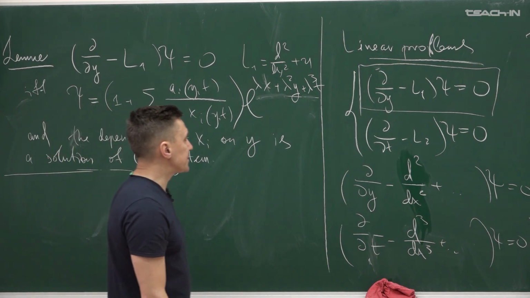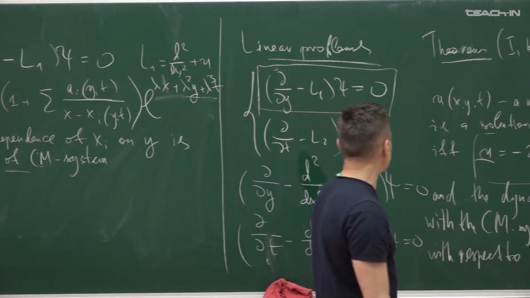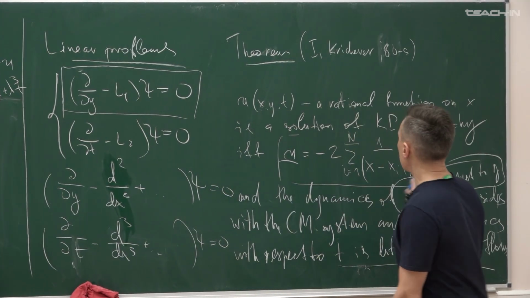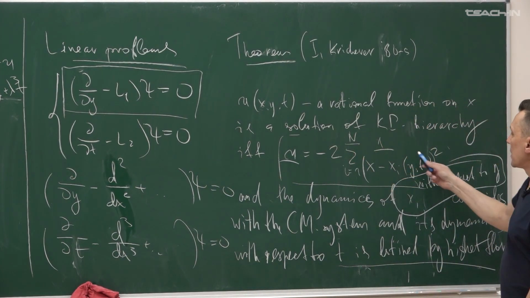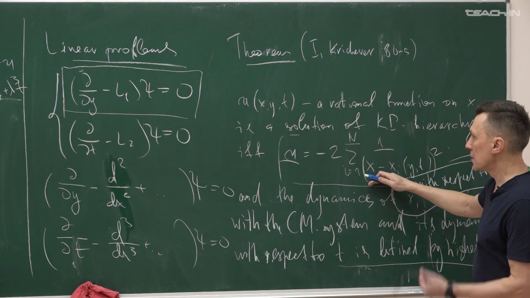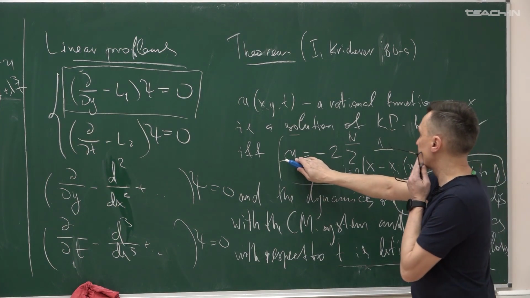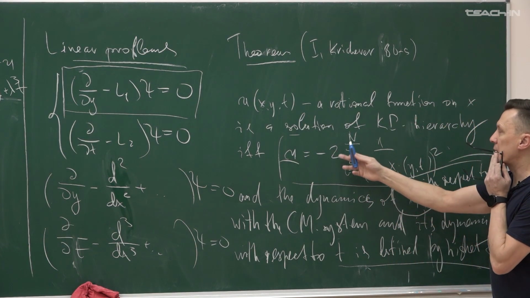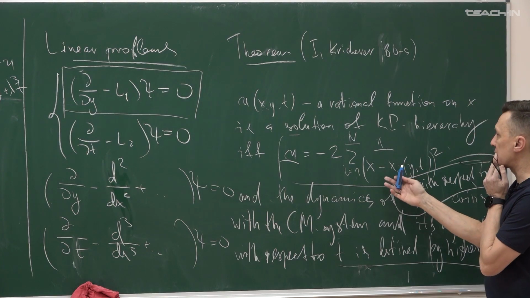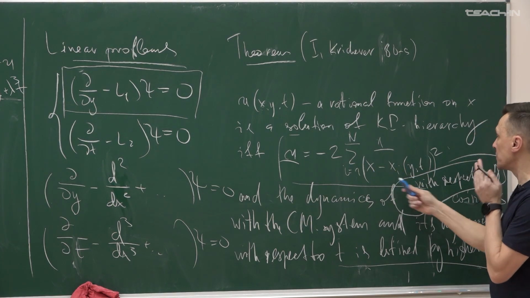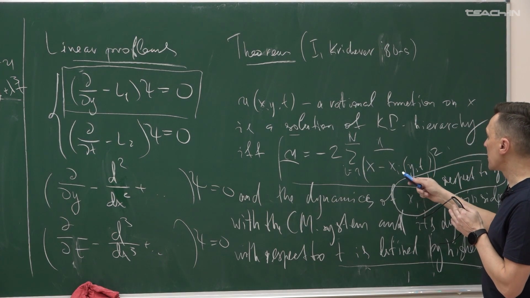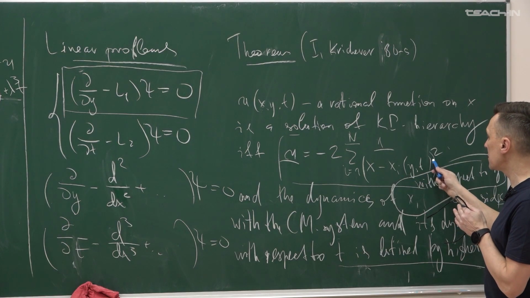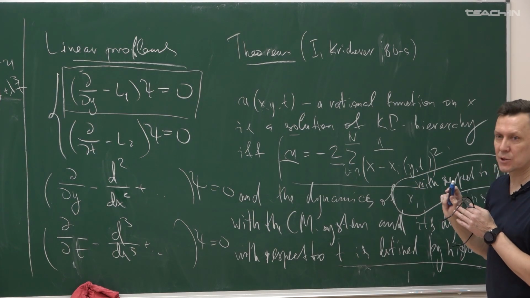Now, so if we suppose that, so we are studying rational solutions of the KP hierarchy on X, and it says definitely that it has poles of the second order with such a coefficient.